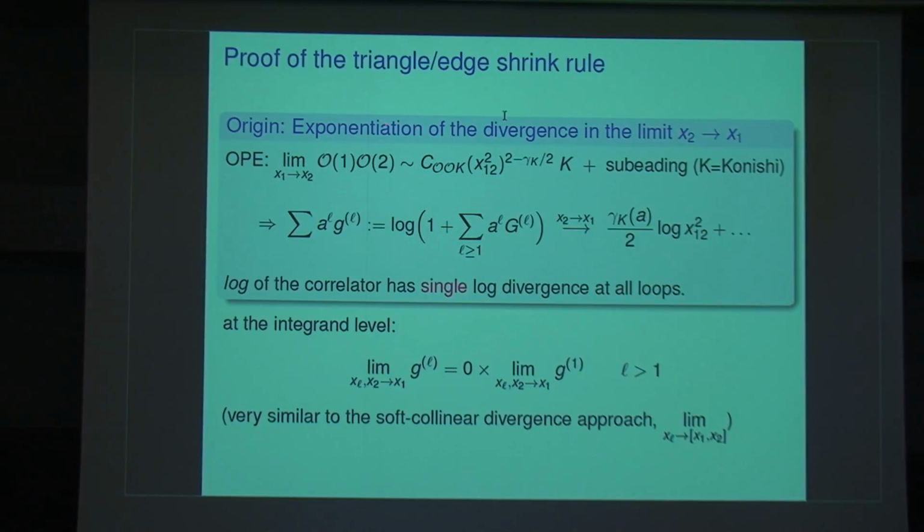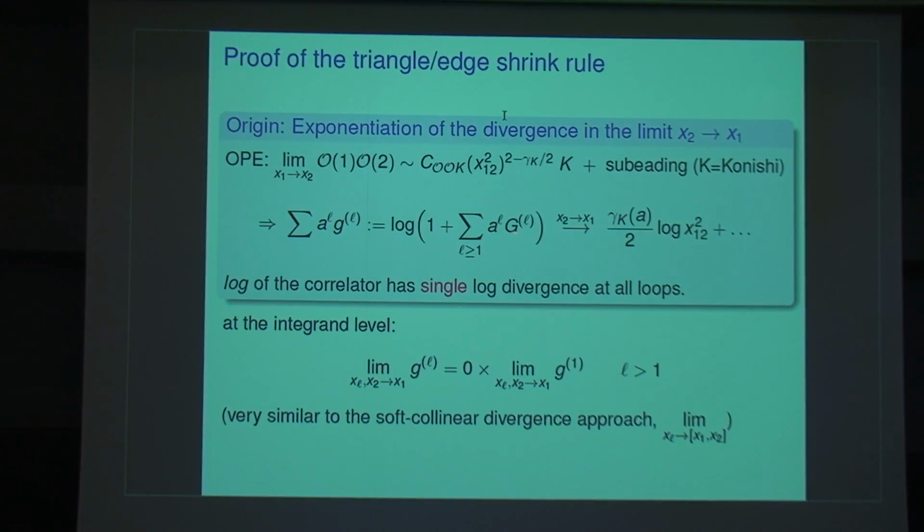So first of all, it's true that the log of the correlation function only has a single log divergence in the coincidence limit when x2 goes to x1. And that comes about because it's to do with an OPE limit and the Konishi operator and its anomalous dimension. There's a single operator with a single anomalous dimension, so there's an exponential of a log here, and that goes down for the correlation function.